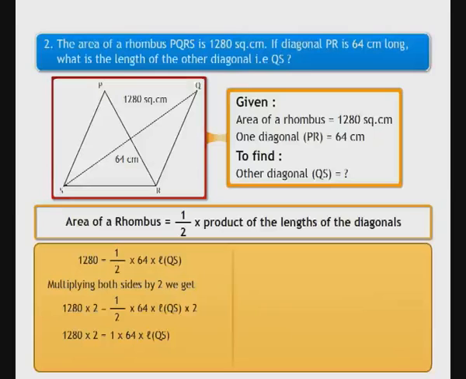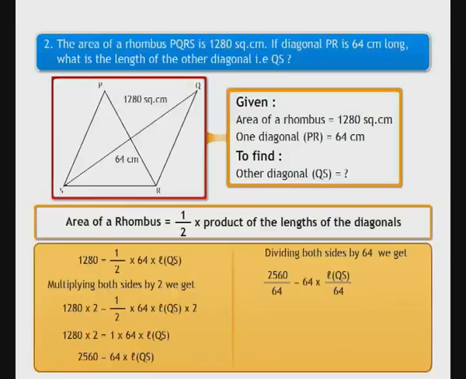As the formula says, area of a trapezium is equal to 1 upon 2 into the sum of the lengths of the parallel sides into height. Area of a trapezium is equal to 1 upon 2 into the sum of the lengths of the parallel sides, that is, AB plus CD into height AD.